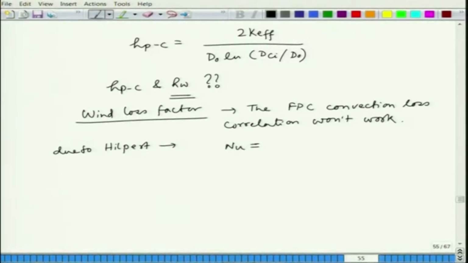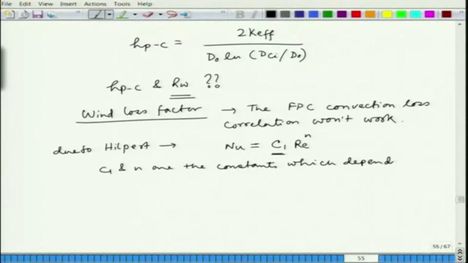That is why it is non-dimensionalized, and that is a function of the Reynolds number to some power of n, and you have a pre-exponential number which is C1. Okay. So, here the C1 and n are the constants which depend on the Reynolds number. Okay. The range of Reynolds number, C1 and n will depend.